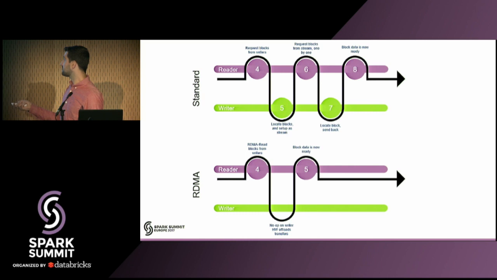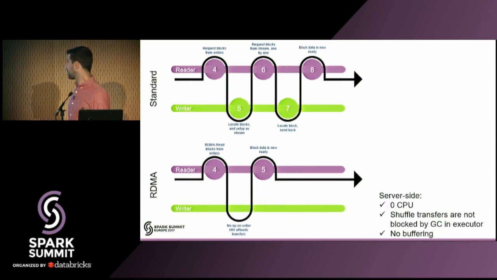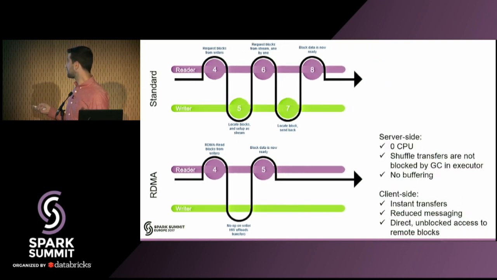So in the RDMA case, we just read directly from the writers without any intervention from the writers themselves, and the block data is just ready right away. We can see that on the server side, there's no action whatsoever. So there's zero CPU.